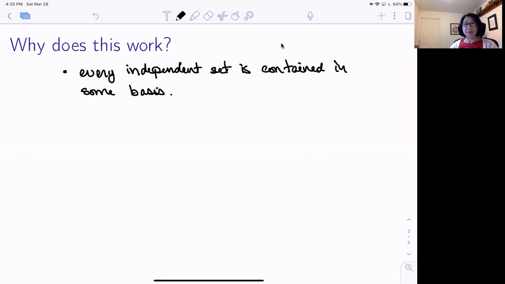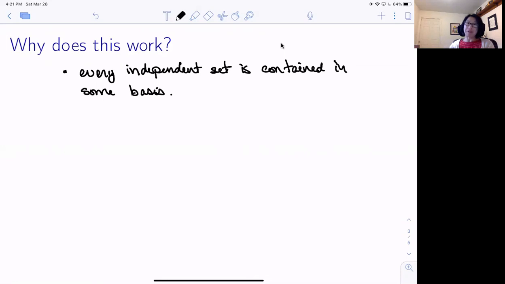So that means we start with the empty set, and as long as we keep adding elements and maintain an independent set, that set can be grown to a basis. We also have to know that eventually this is going to stop.